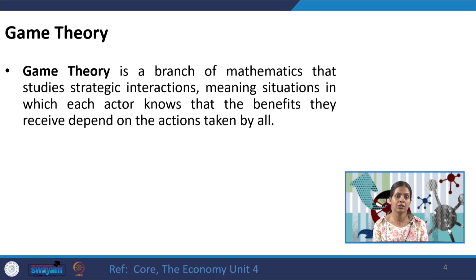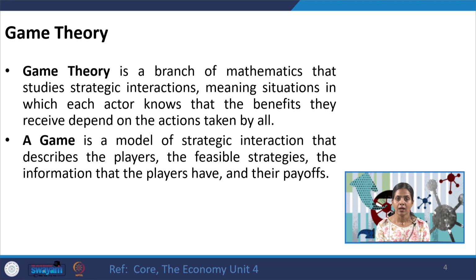So, that is why we need to define strategies, and that is why game theory is a part of strategic interactions. A game is a model of strategic interaction that describes the players, the feasible strategies, the information that the players have, and their payoffs.